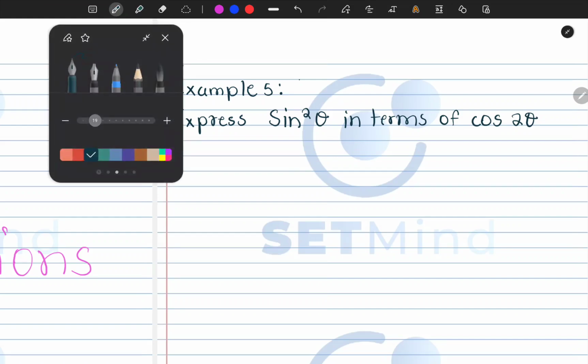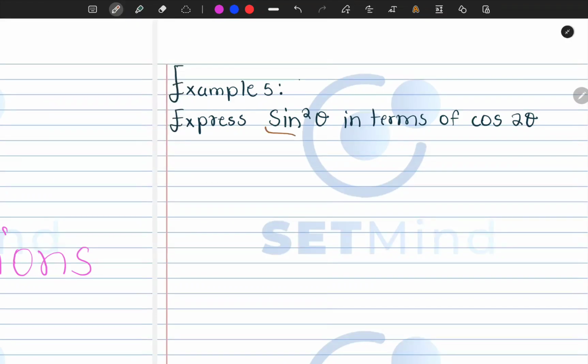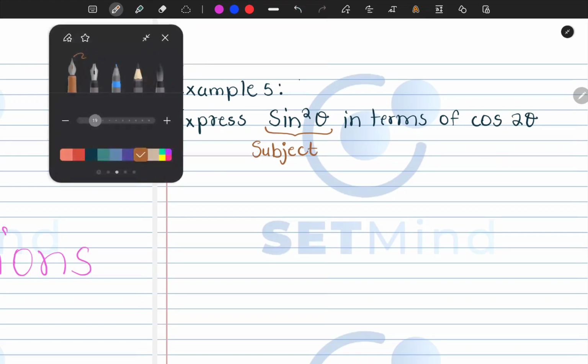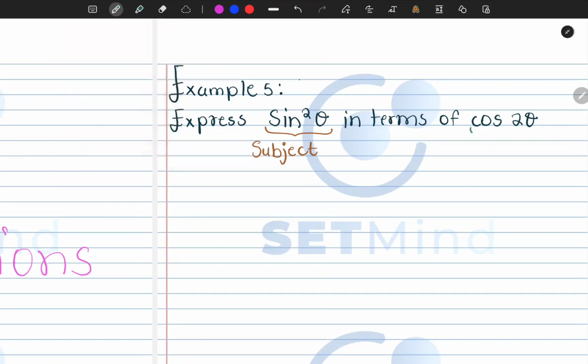It means that sine squared theta must be our subject, because that is what we want to express. We want to express sine squared theta in terms of what? In terms of cos 2 theta.